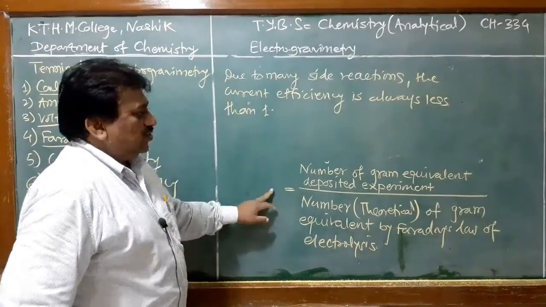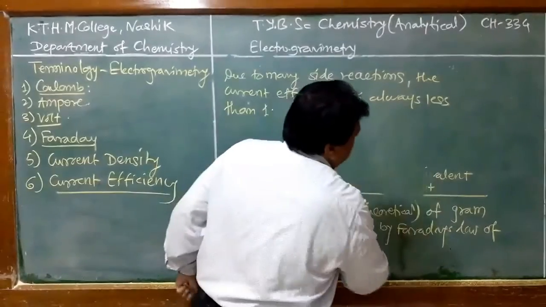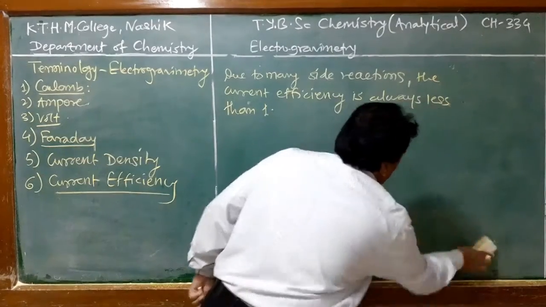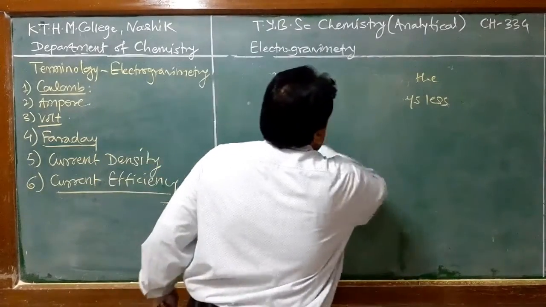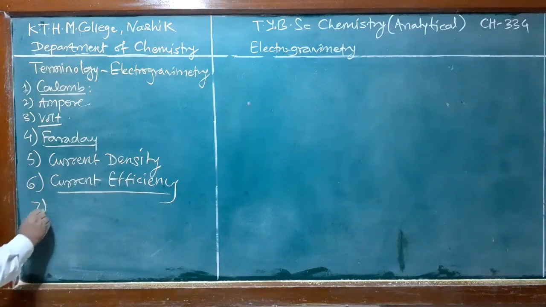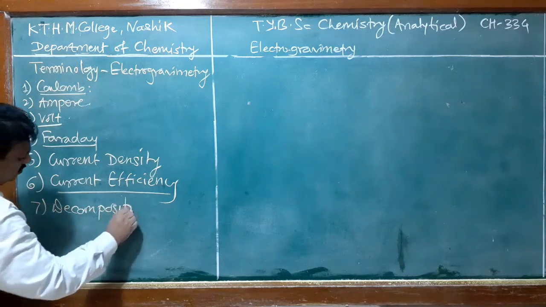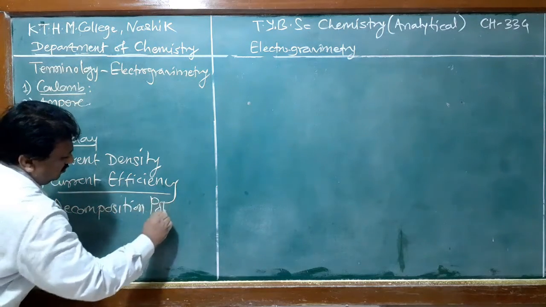Students, now we discuss the next terminology in electrogravimetry, and that is called decomposition potential.